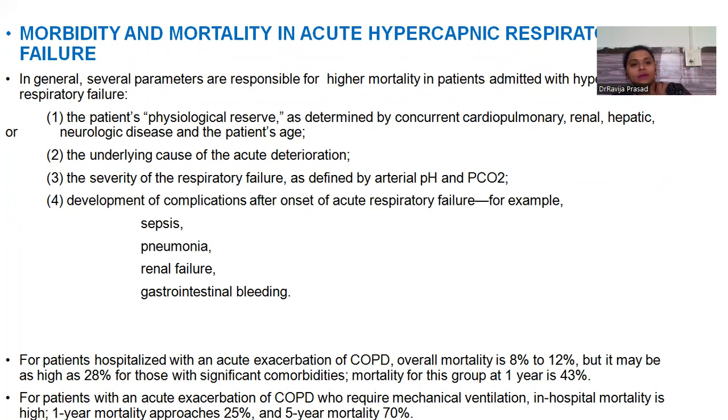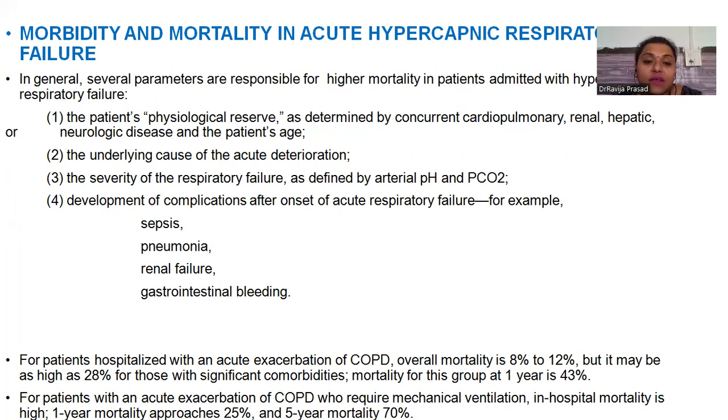Now, morbidity and mortality in acute hypercapnic respiratory failure. In general, several parameters are responsible for higher mortality in patients admitted with hypercapnic respiratory failure. First parameter, the patient's physiological reserve as determined by the concurrent cardiopulmonary, renal, hepatic, neurological diseases, and the patient's age.